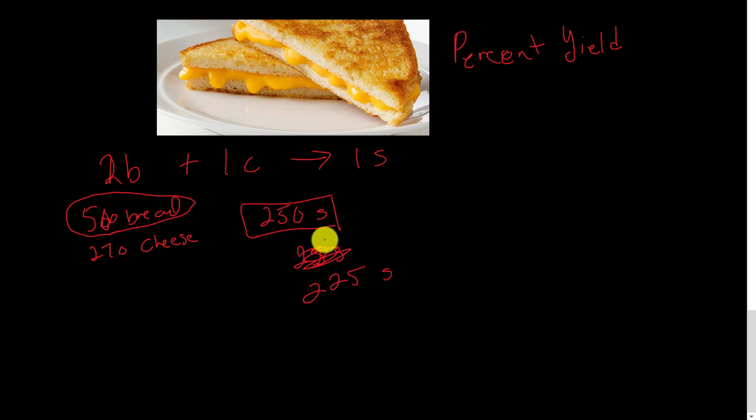So the number of sandwiches that we calculate is called the theoretical yield. That's a T there. So that's the theoretical yield. When we're in the lab, we never quite make as much as our theoretical yield.